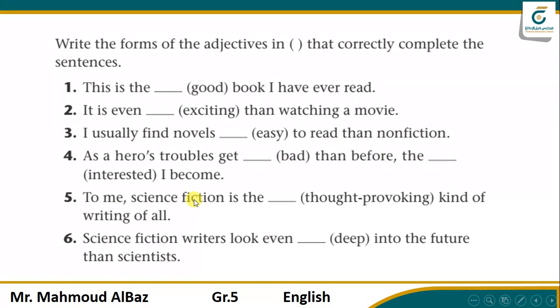Five, to me, science fiction is the, long or short adjective? It's really long, so the most thought-provoking kind of writing of all. Six, and the last one, science fiction writers look even deeper into the future than scientists. Deep is a short adjective, deeper, just er at the end of the adjective.